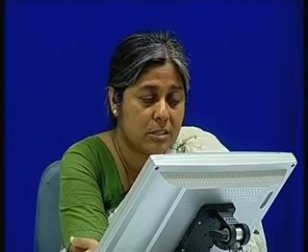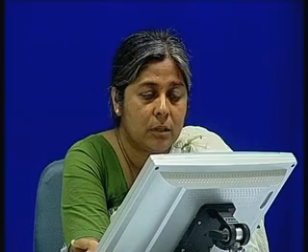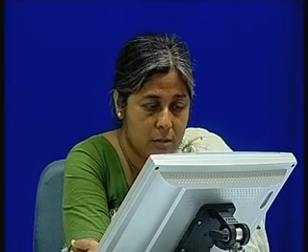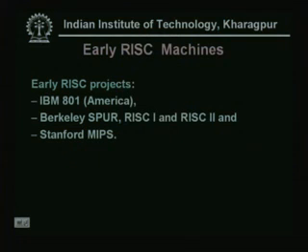Now, I already mentioned that nowadays almost all the high performance computers are RISC machines. So, just to see what the basic architecture of RISC is, we will look at some early machines developed based on RISC. Some early RISC projects are the IBM machine, the Berkeley RISC-1 and RISC-2 machines, and Stanford MIPS.